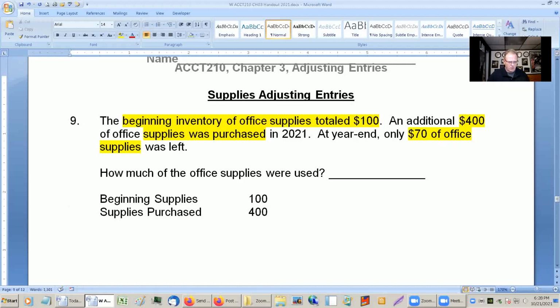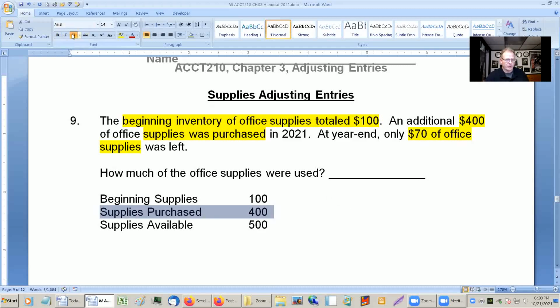And this will give us what we would call supplies available. In other words, how much of the supplies could we have used?